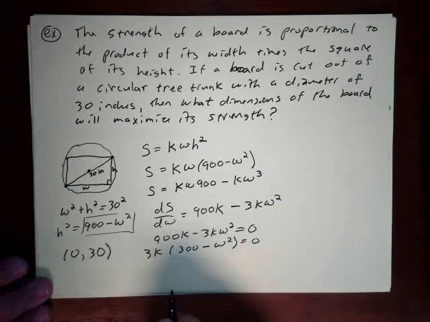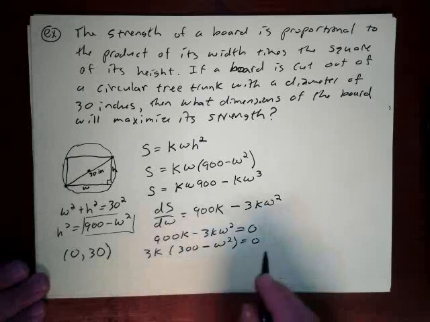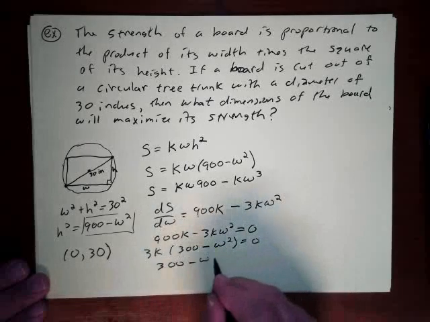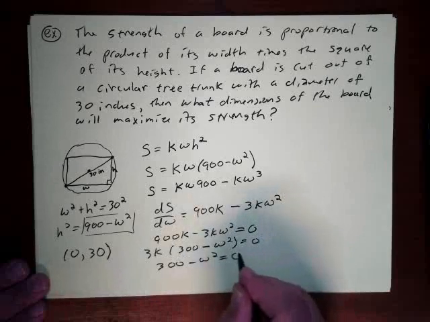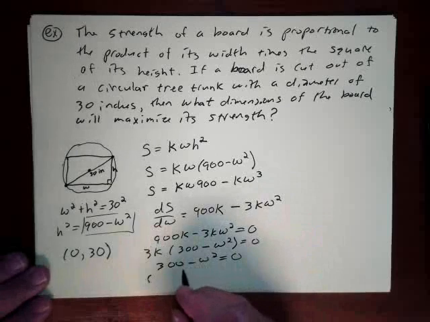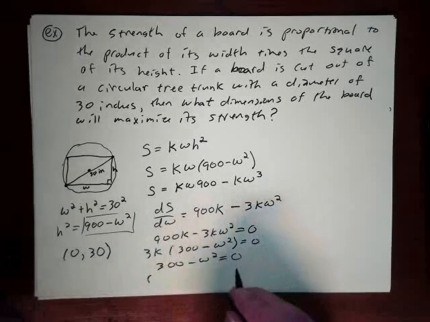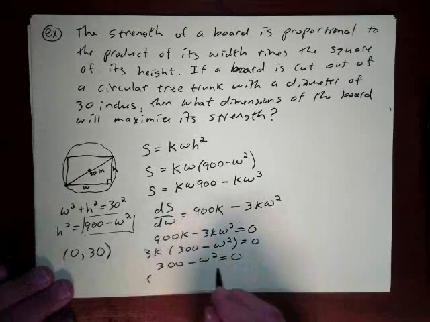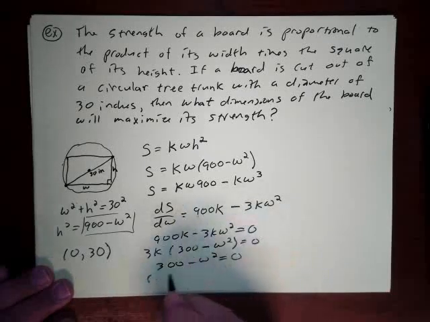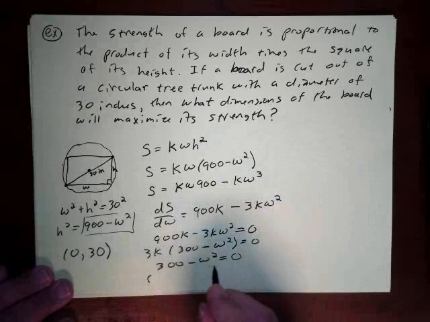I can just divide both sides by the 3k. Now I could factor this using the sum and difference, or I could move the W to the other side and take the square root of both sides. It doesn't matter either way.